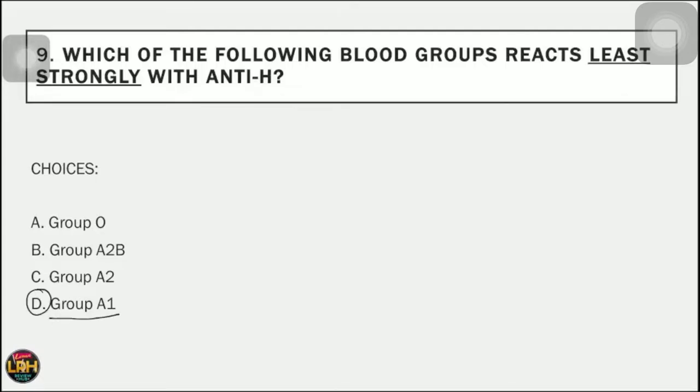If you can recall the amounts of H antigen among the different ABO types, we can attribute the highest amount of H to type O. This is followed by type A2, followed by type B, followed by type A2B, followed by type A1, and type A1B.